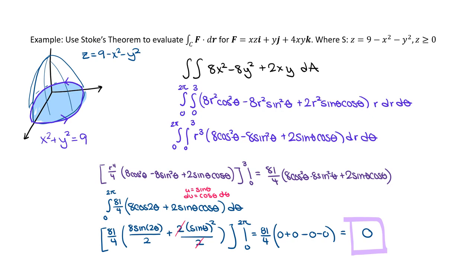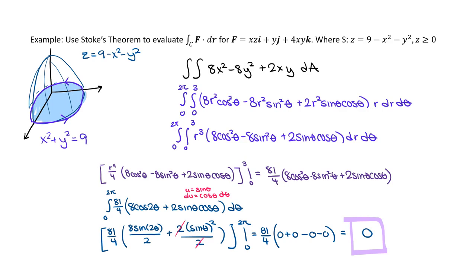Finally, I'm ready to plug in my bounds of integration. I plug in 2 pi, plug in 0 and subtract them. I get a bunch of zeros there, all of those sines turn into zeros, and my final answer here is 0.